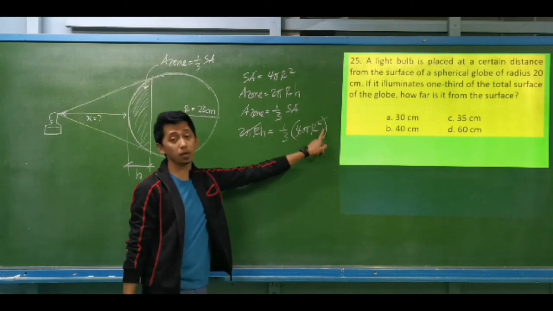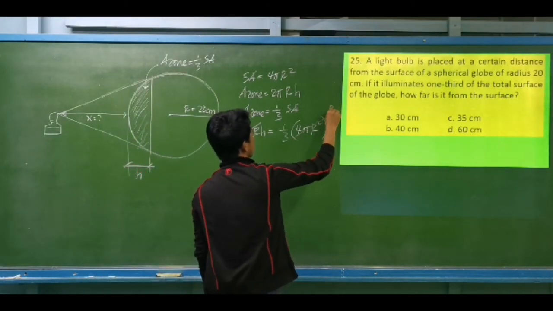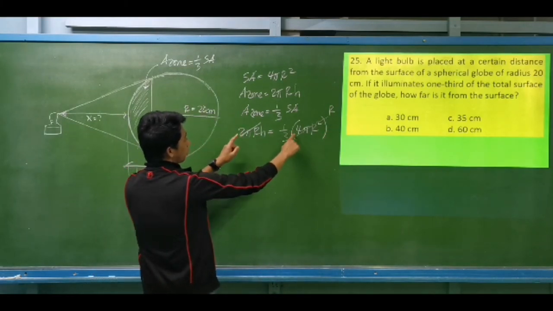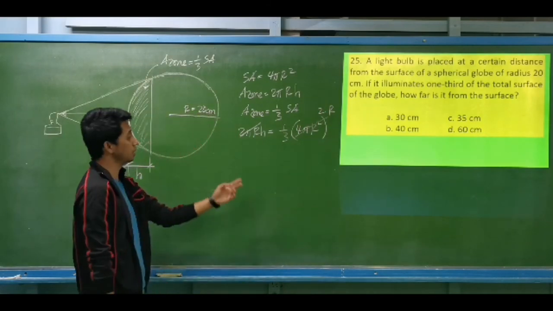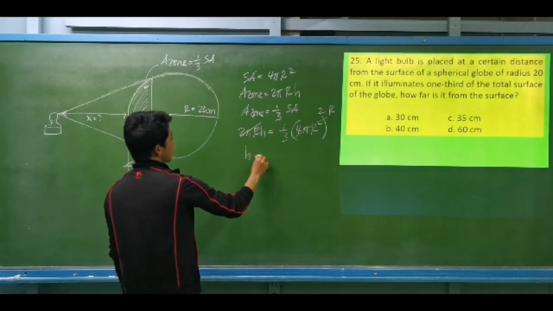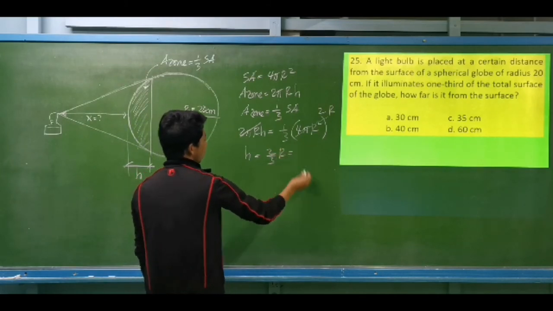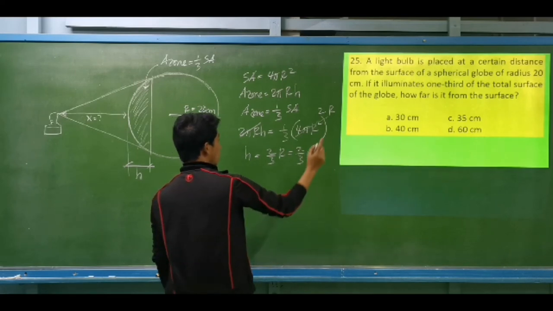So, 4 pi r squared divided by 2 pi r, ang maiiwan lang dito is yung r. And then 4 over 2, this is also 2. So, 2r yung maiiwan. Tama ba? So, we'll be having h is equal to 2 over 3 of the radius.